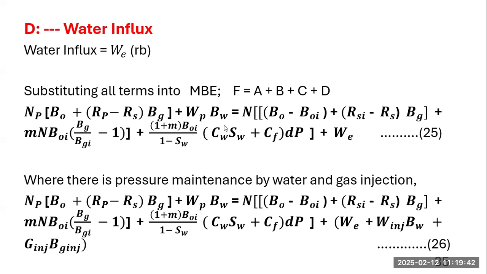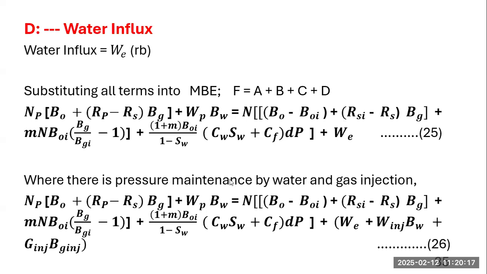Here you have the expansion of oil and the dissolved gas, the gas cap gas expansion, the expansion due to rock compaction and the connate water, and your water influx. So that is the derivation of our A, B, C, and D, which is the water influx.